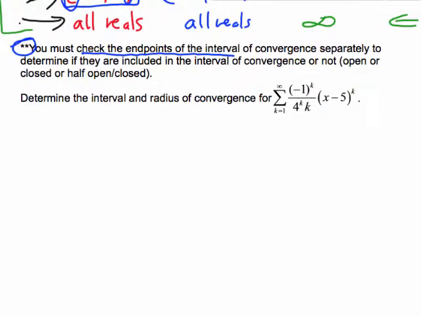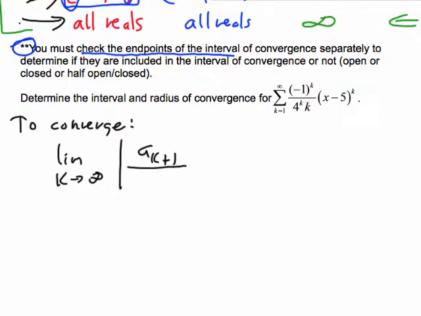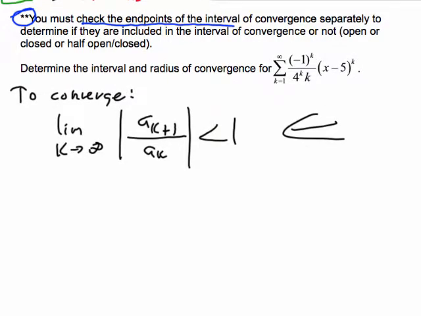So first of all, to check the convergence, we know that for this infinite series to converge, the limit of the k plus first term over the kth term, the absolute value of that, must be less than 1. I'm using my ratio test for absolute convergence. And so applying that, I can leave the negative 1 to the k out since I'm taking absolute value.